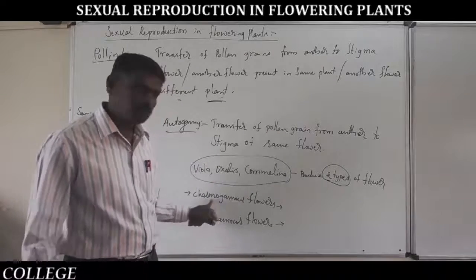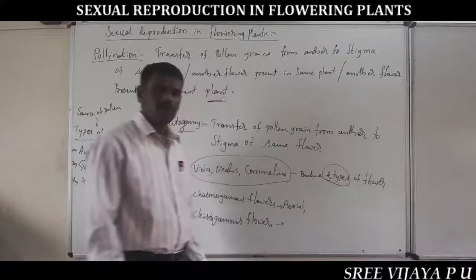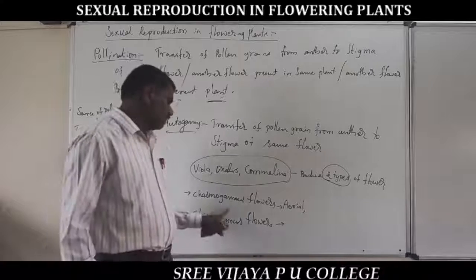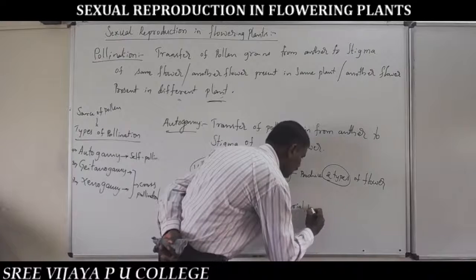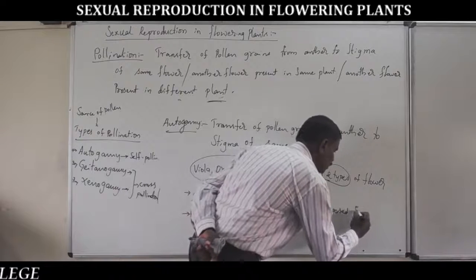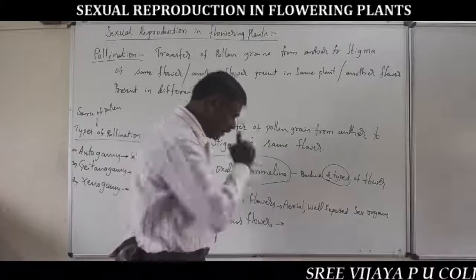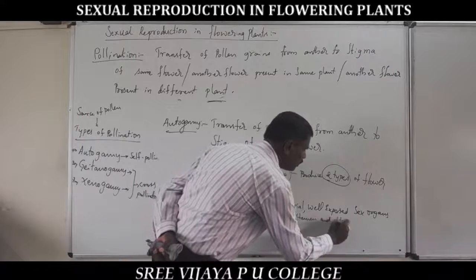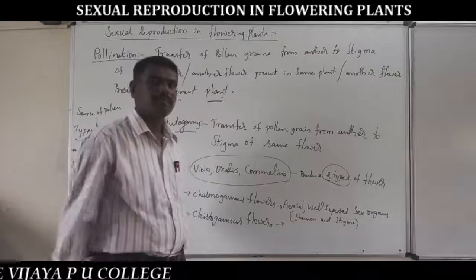Chasmogamous flowers are aerial flowers, which are present in the air, above the ground level. These chasmogamous flowers are aerial and have well exposed sex organs, that is, the stamen and stigma are in exposed condition.